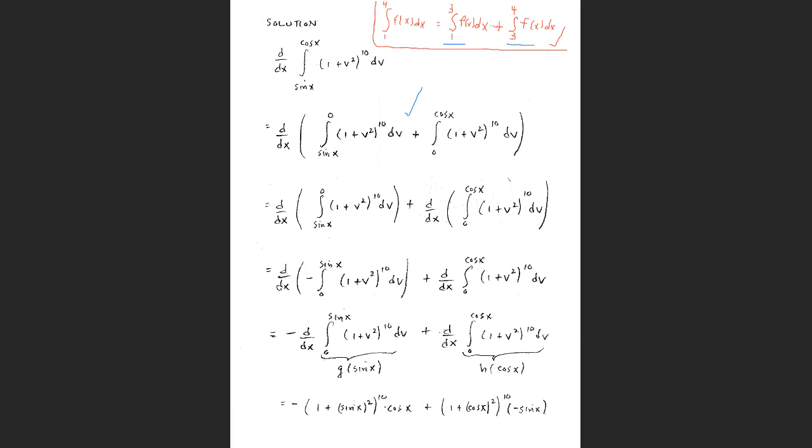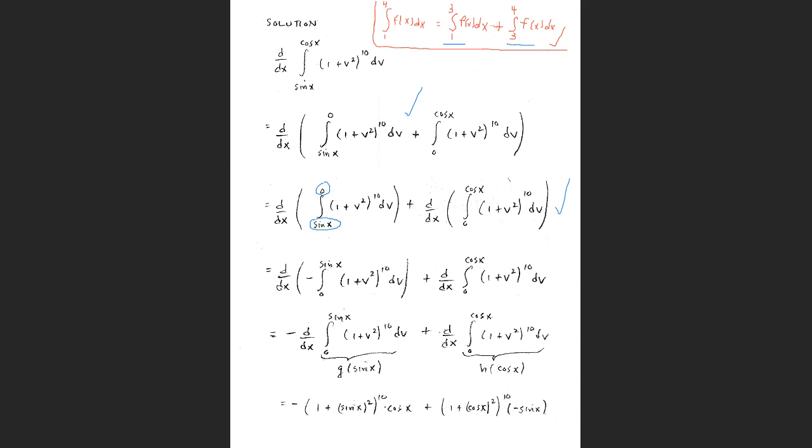And then the derivative of a sum is the sum of the derivatives. Okay. But I'm used to having, in the first integral here, a constant on the top limit and a function of x on the bottom.